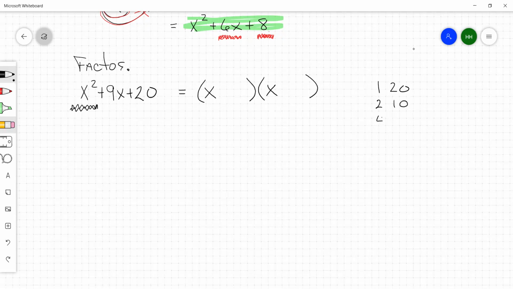And then you've got a 4 times a 5 equals 20, and 4 plus 5 equals 9. So there's your factors, okay? You got a 4 and you got a 5. And since everything in the trinomial is positive, then both of these factors are positive. So your factors of 20 that added to 9 were 4 and 5.